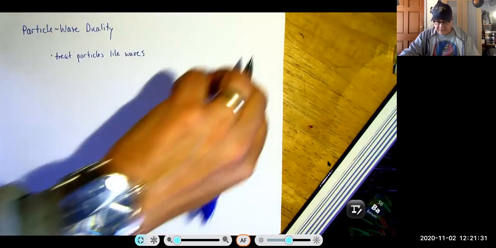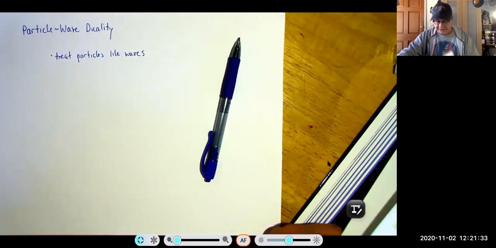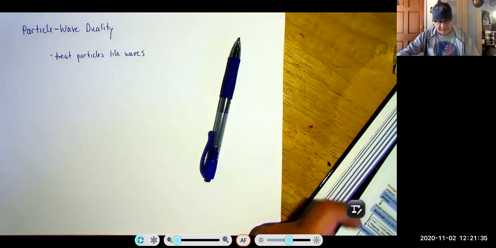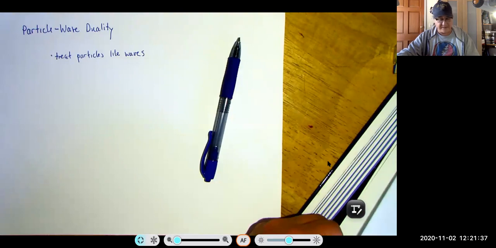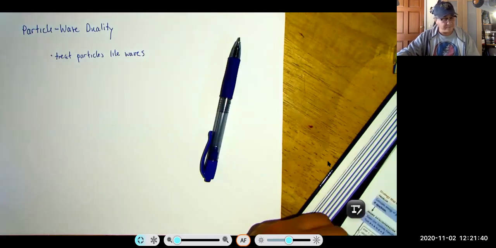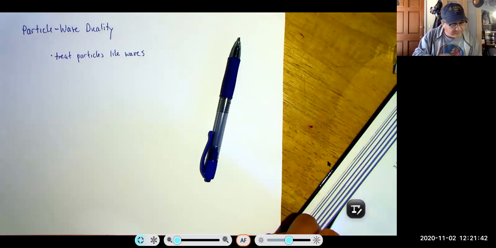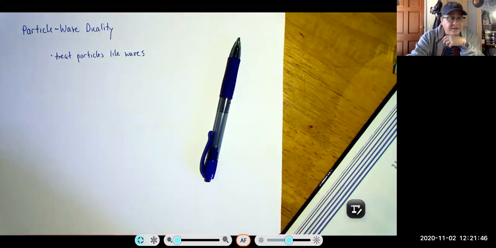Let's see, there used to be an image in the previous editions about how we could treat particles like waves. Let me see if they have that here. Okay, I'm going to have to look this up on the internet real quick.